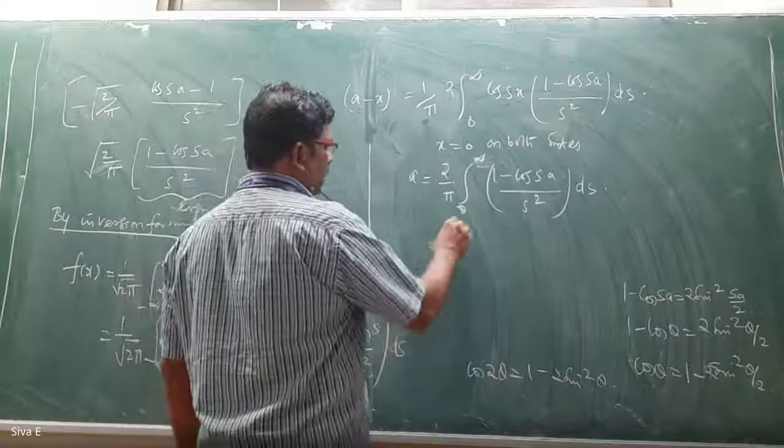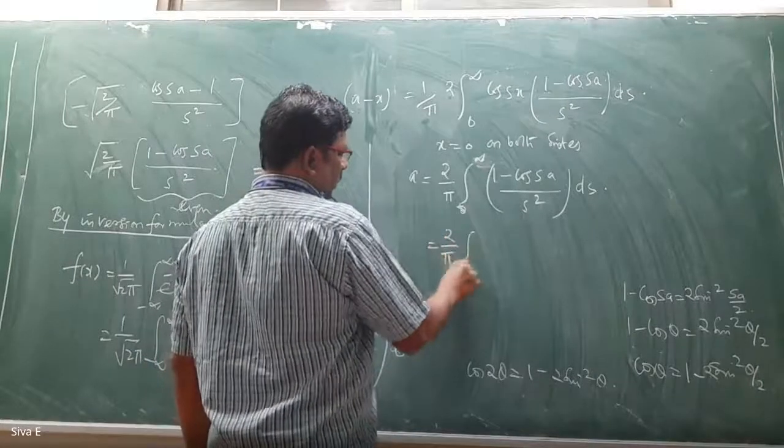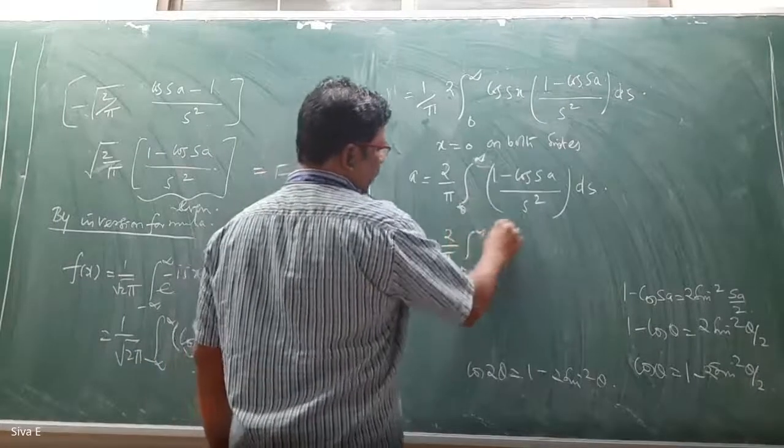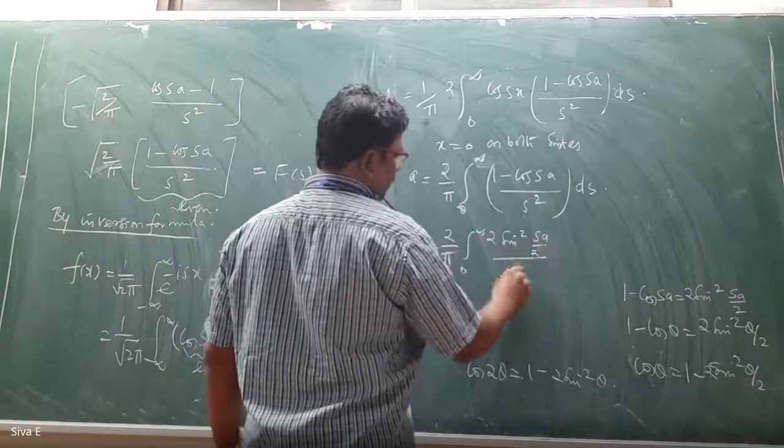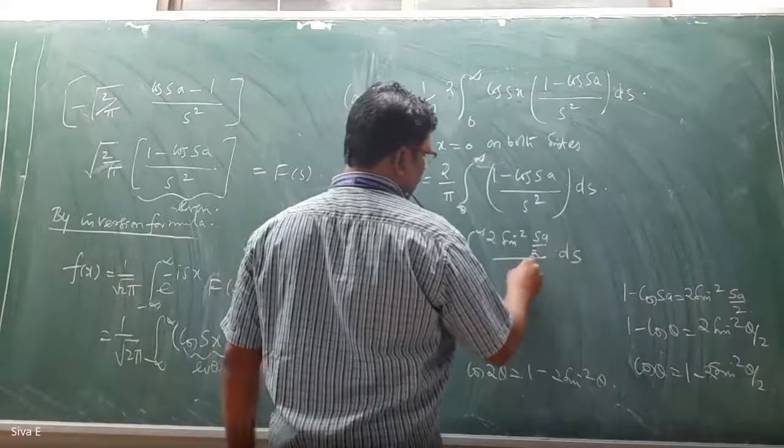So we can write this as 2 by pi integral 0 to infinity 2 sin square sa by 2 divided by s square ds.